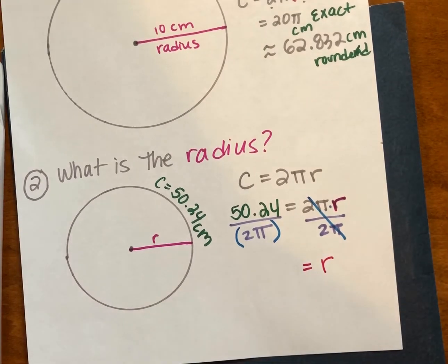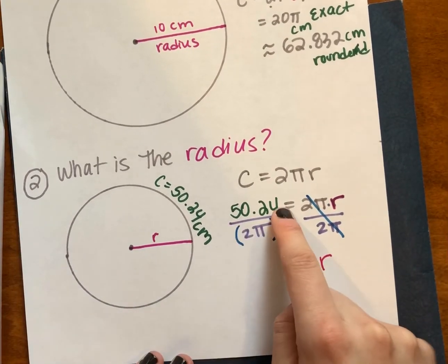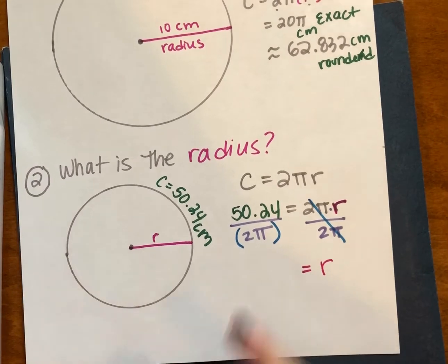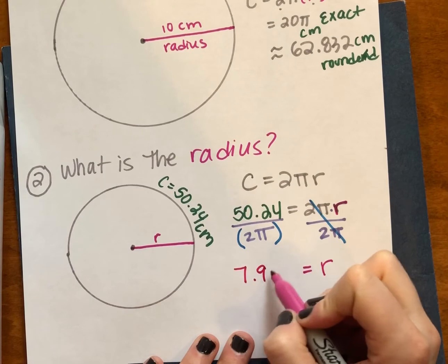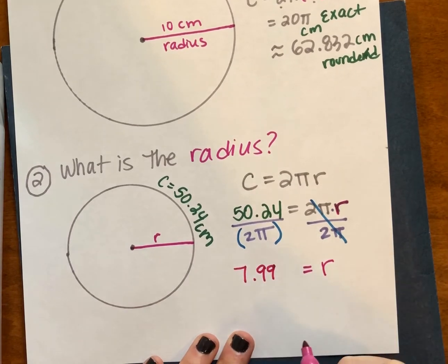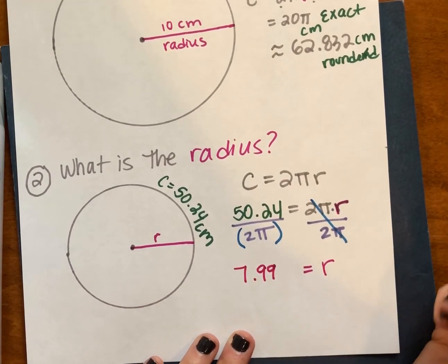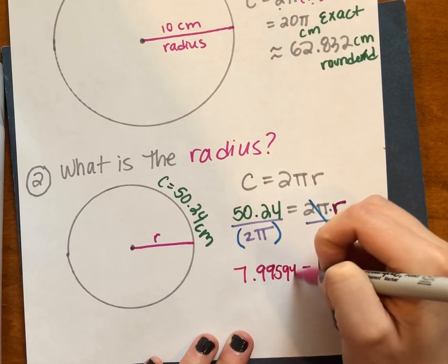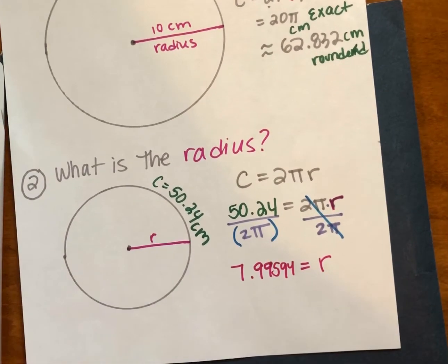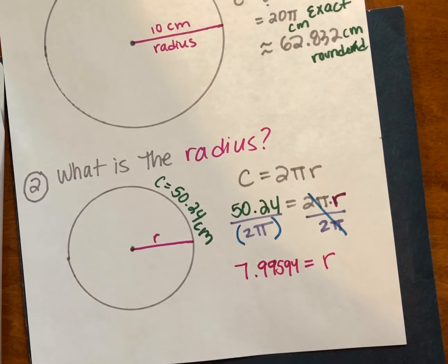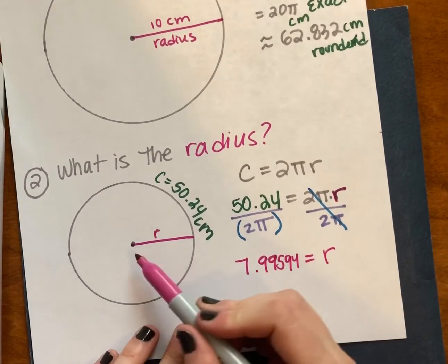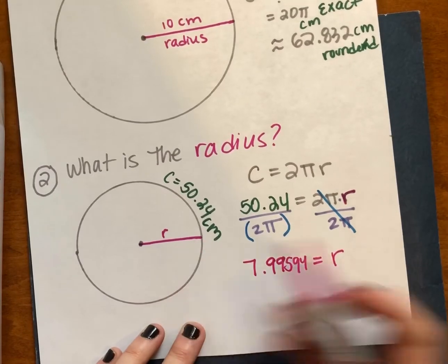And on the other side, when I divide 50.24 by 2 pi in parentheses, I actually end up with 7.99594 with some more decimal places. I wrote them all out here. So I would say that my radius had to be 7.99594 centimeters.